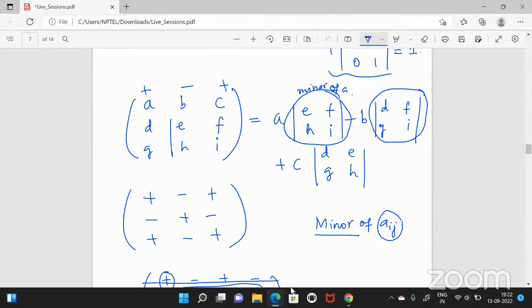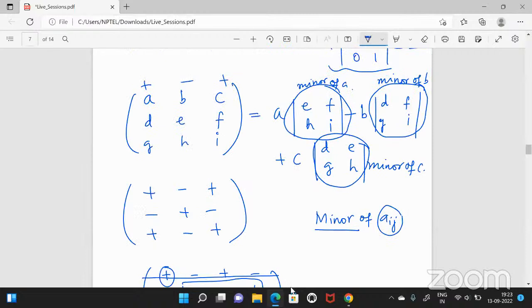We are removing the row and column in which the number appears, and we are finding the determinant of the left out matrix. And this is the minor of C. Is it clear what a minor and cofactor is? Yes, ma'am.